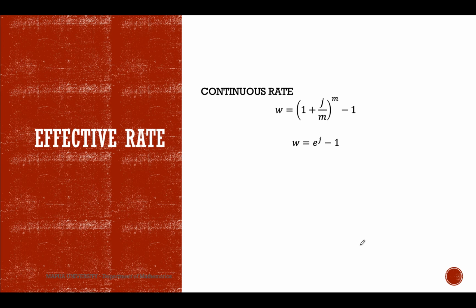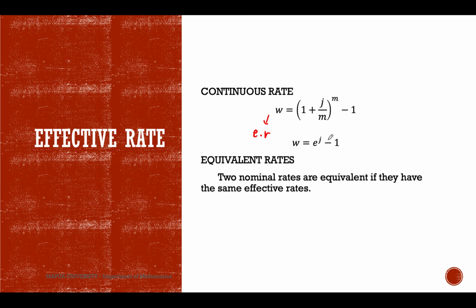So the effective rate, W, is e^j - 1. And then, if two nominal rates are equivalent, then they have the same effective rates. So this is W1, the effective rate for j1, and this is the effective rate for j2.